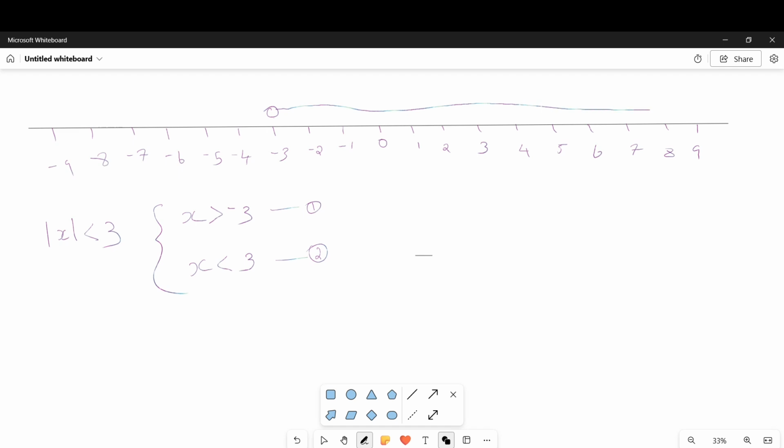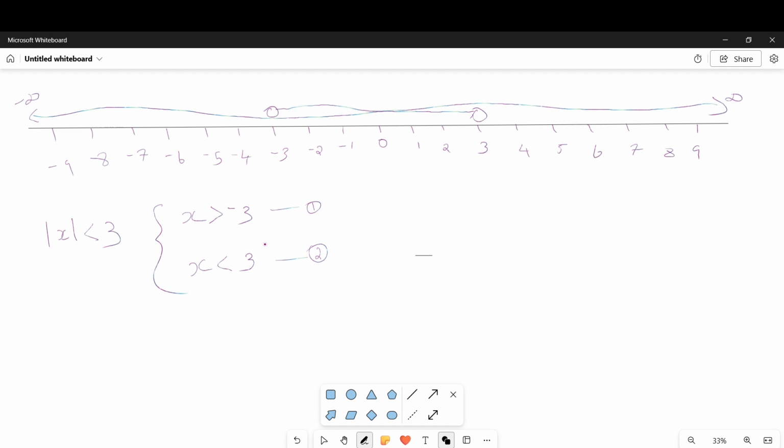Going towards positive infinity. Okay, positive infinity. Second one, x is less than 3. 3 is also not included. Okay, so it's an open circle, so it's going towards negative infinity.